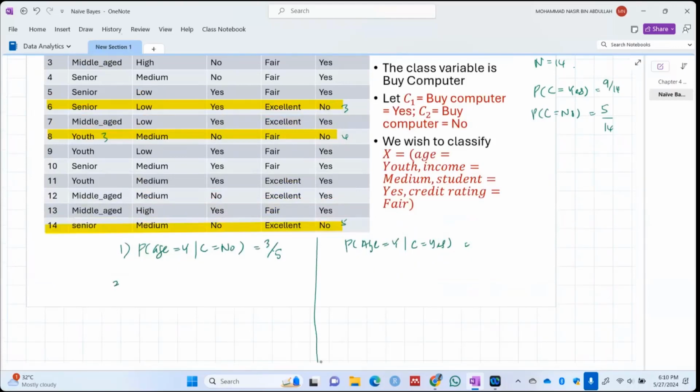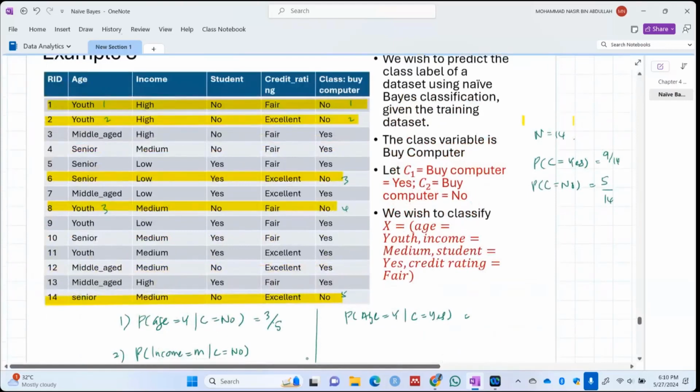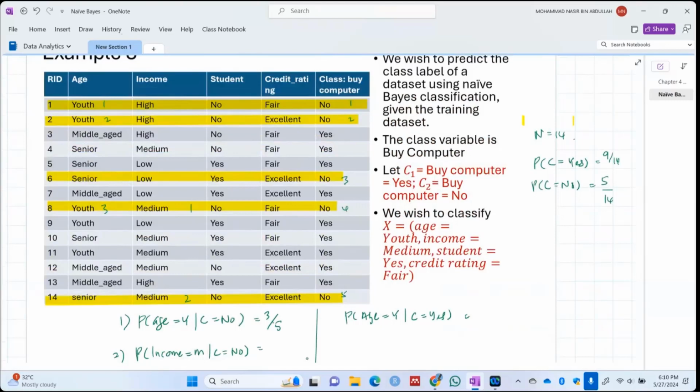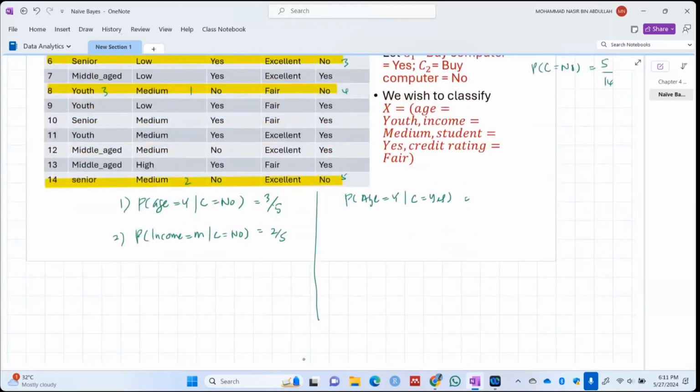The second one, probability of income equal to medium, C equal to no. So medium 1, 2. So should be equal to 2 over 5. The next, we want to find credit rating.